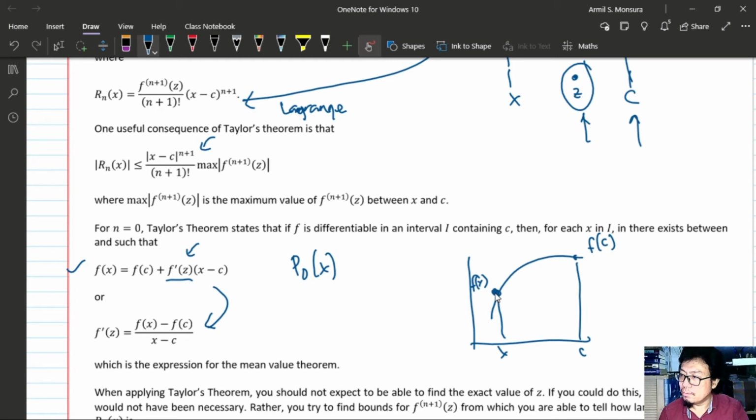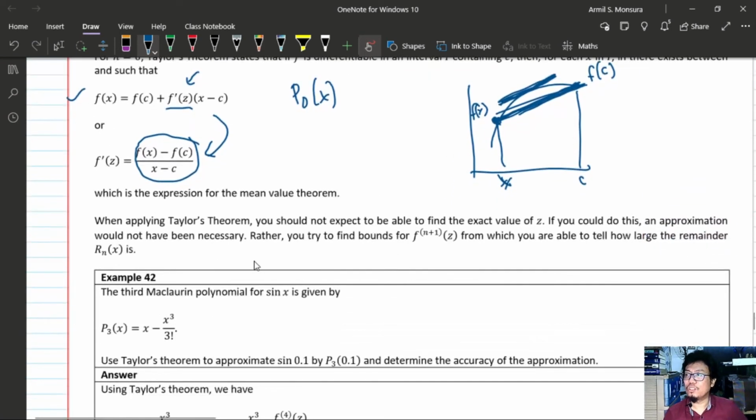The slope here is equal to one of the slopes within the interval. The geometric interpretation of the mean value theorem is that between x and c, there is a tangent slope line that is parallel to this slope line. So that's the mean value theorem.